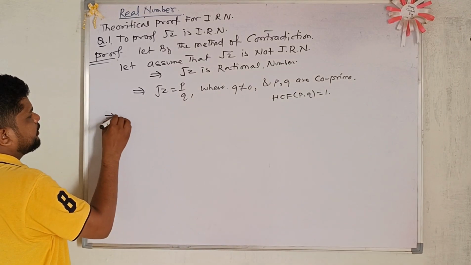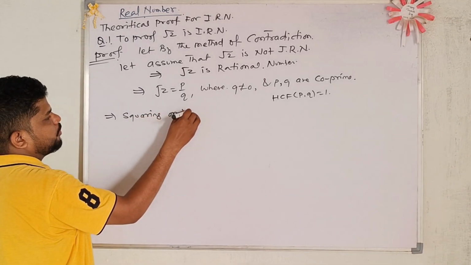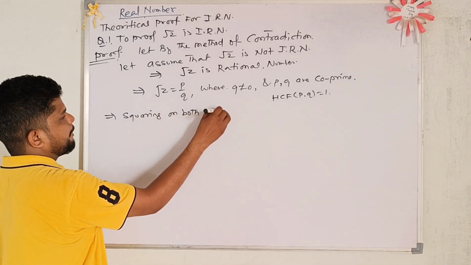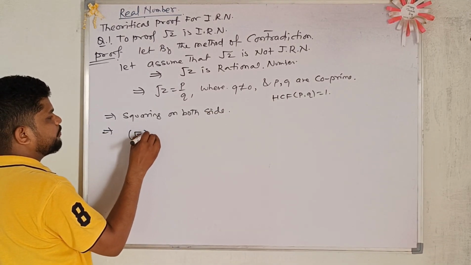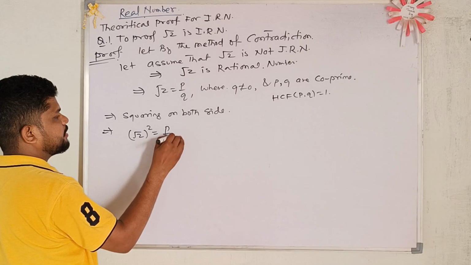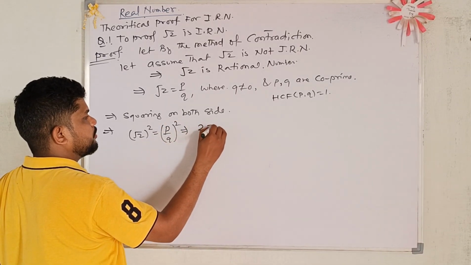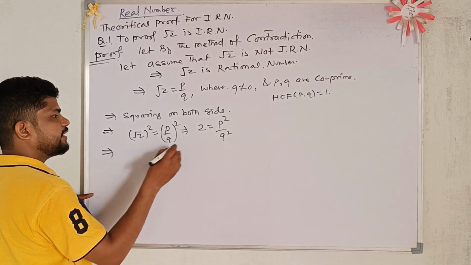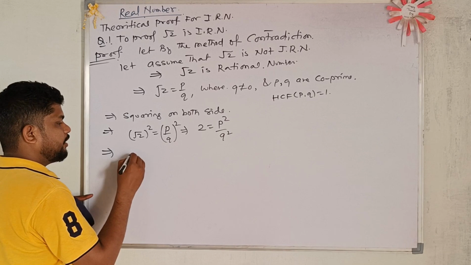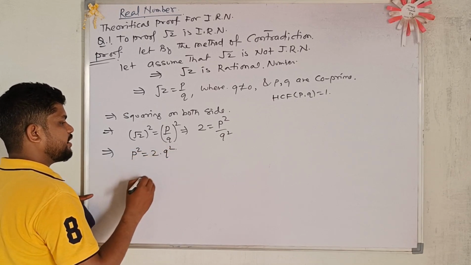Here, squaring on both sides, we get root 2 whole square equals p by q whole square. This is 2 equals p square upon q square. This implies that we can write p square as 2 into q square.